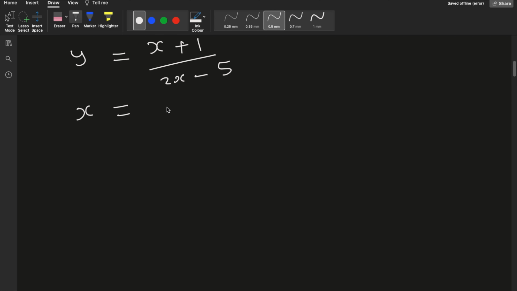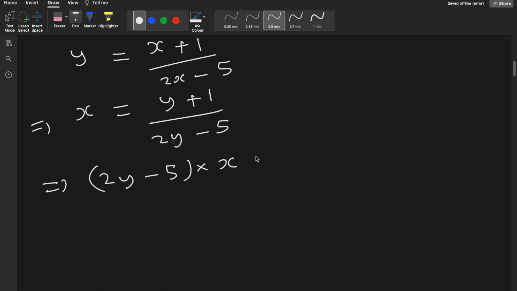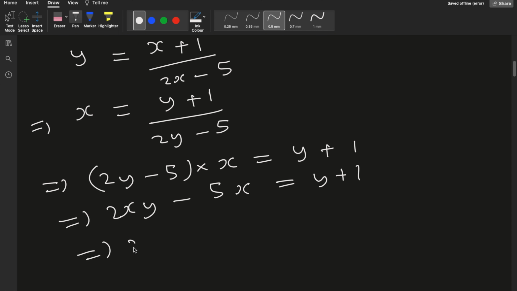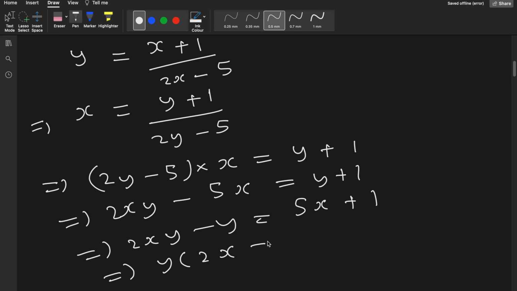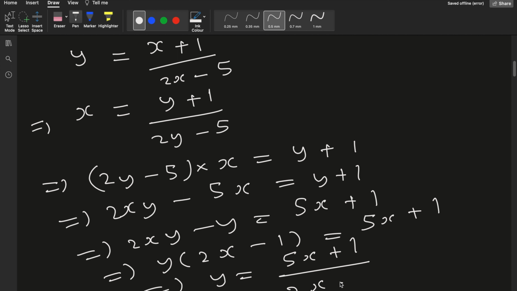So x equals y plus 1 divided by 2y minus 5, which implies 2y minus 5 into x equals y plus 1, so 2xy minus 5x equals y plus 1, so 2xy minus y equals 5x plus 1, which implies y into 2x minus 1 equals 5x plus 1, which implies y equals 5x plus 1 divided by 2x minus 1.